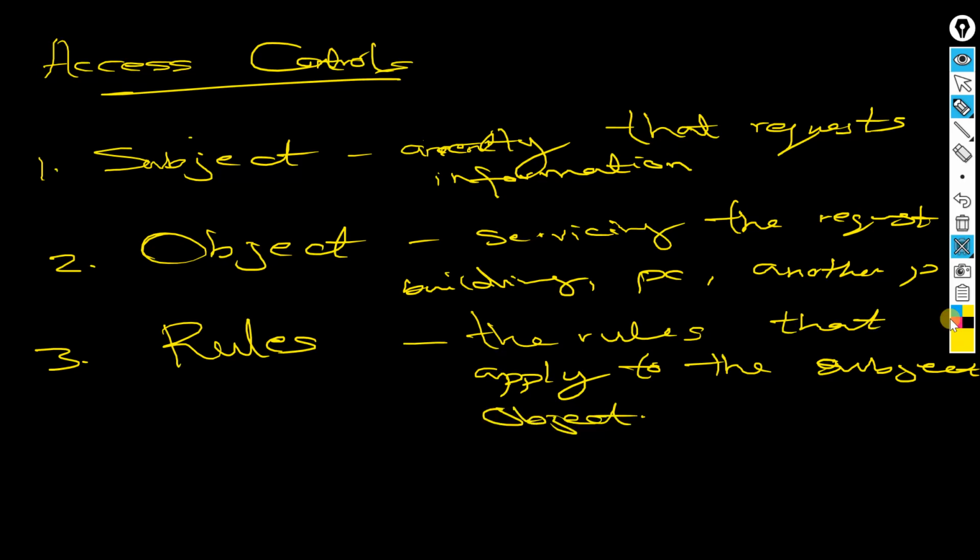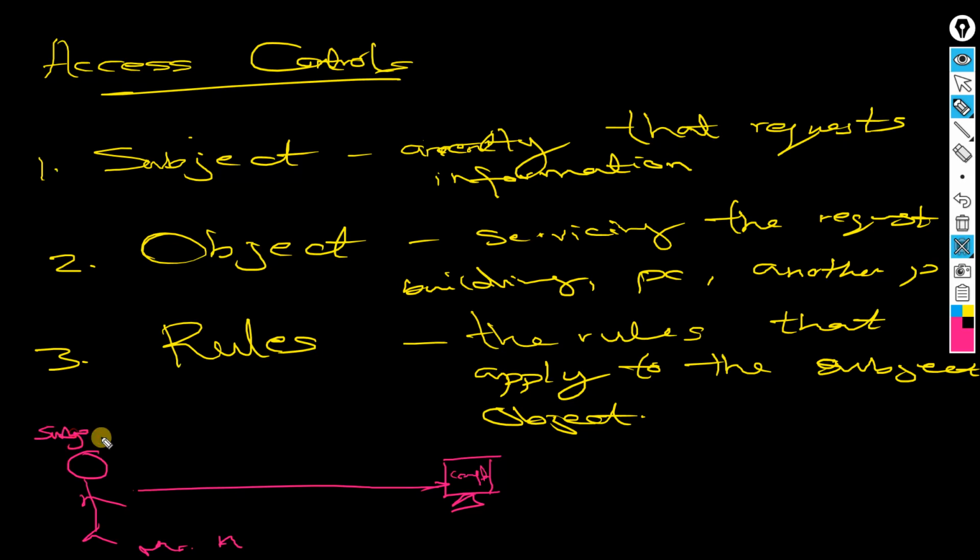So let's quickly consider a scenario over here. We have, as usual, our Mr. A trying to access this particular PC that has confidential information, and he wants to get some information from this particular PC, right? A in this case is our subject, and that PC is the object at that particular point, because A is making the request for the information.